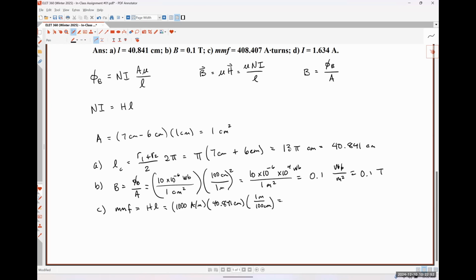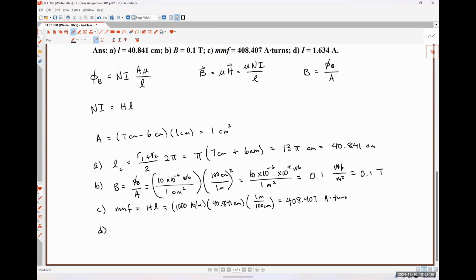So getting rid of those things, this apparently comes out to be 408.407 amp turns. So that's our typical unit for MMF, and it comes from this definition right here, where N is measured in turns and current I is measured in amps. But even when we have it as H times L, we'll still consider the units of MMF to be in amp turns.